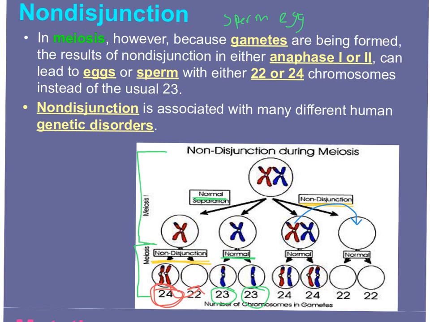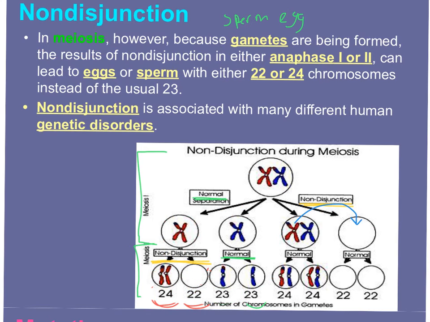Now, is that monosomy or trisomy? Can you remember? Same thing over here. 22, is that monosomy or trisomy? Well, because we're missing one, it's probably going to be mono. And over here, because we've gained one, it's going to be tri.